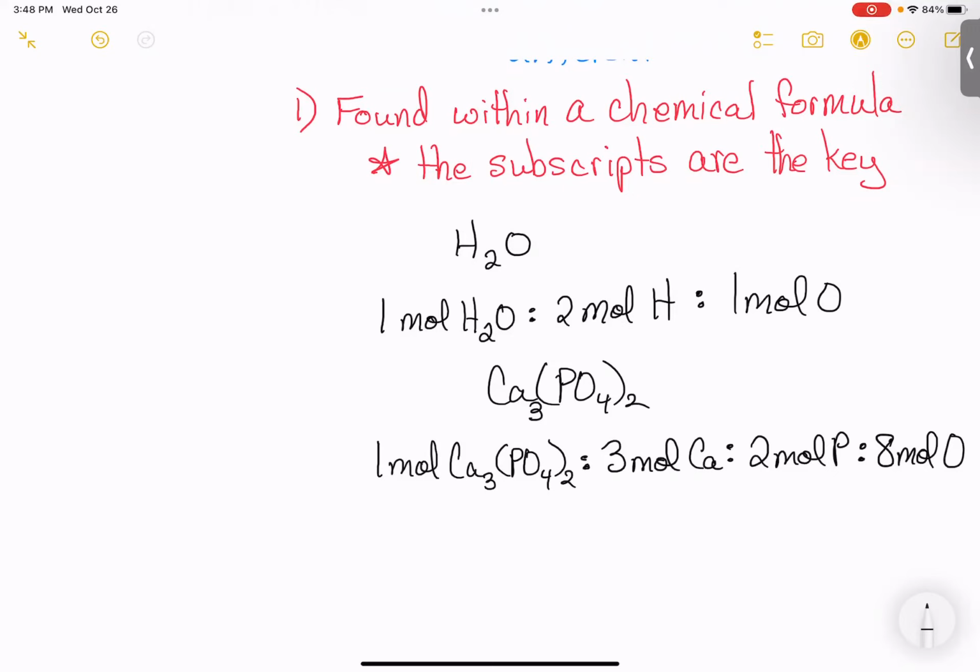And if you look back at where I calculated calcium phosphate, you will see I multiplied the mass by those particular numbers. That's where it came from.